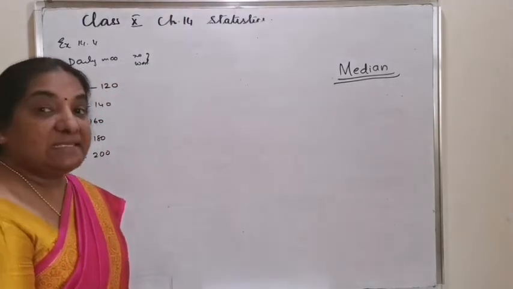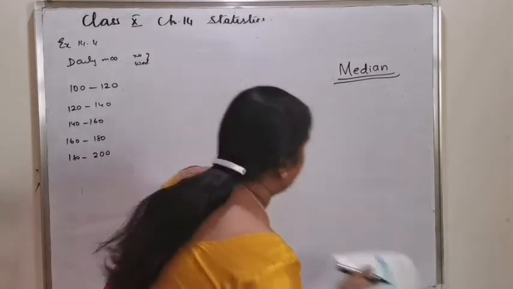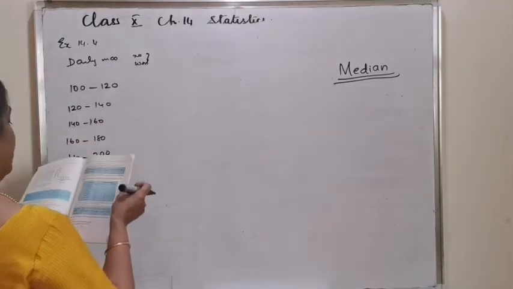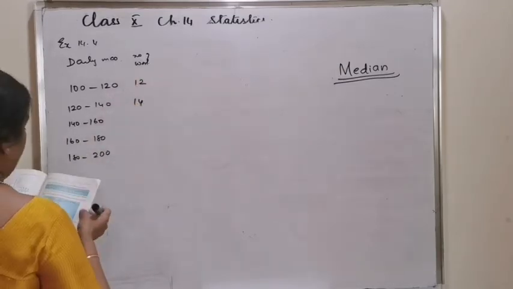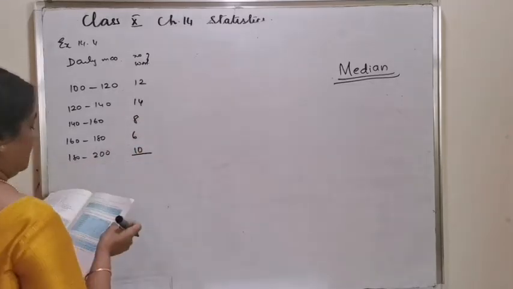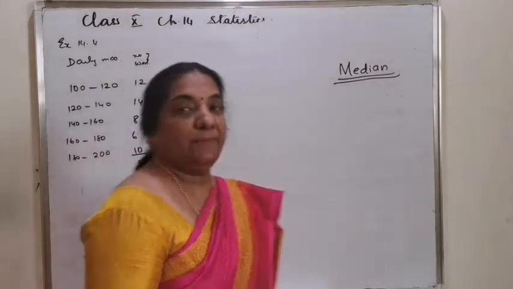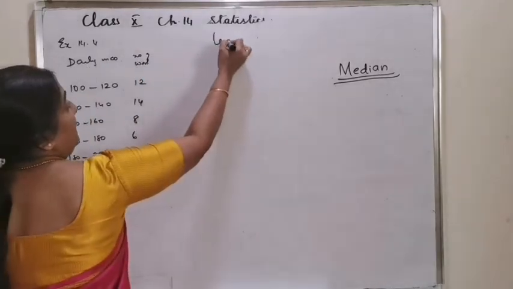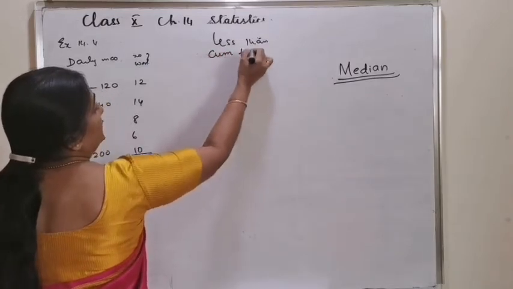Convert into a less than table, they said. The numbers of workers are 12, 14, 8, 6, 10, with a total of 50 workers. Now the table you are forming is a less than cumulative table.